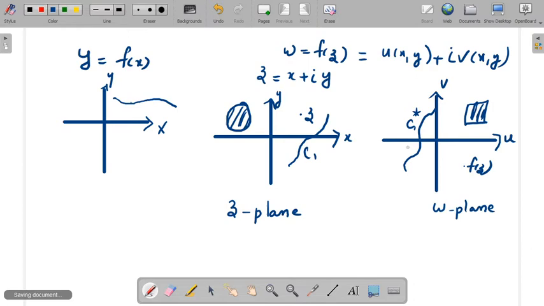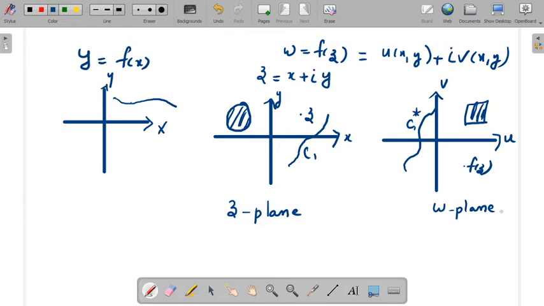So we make use of 2 different planes: the values of z in the z plane, the values of w equal to f of z in the w plane.